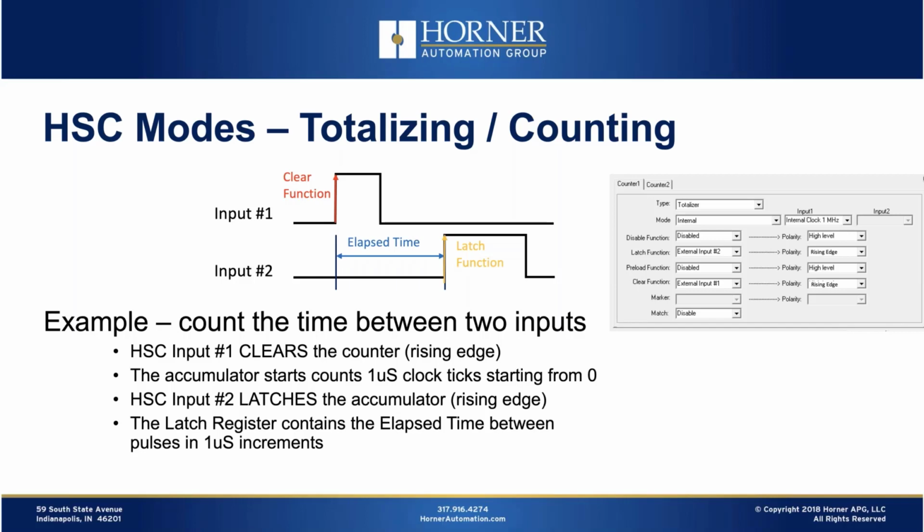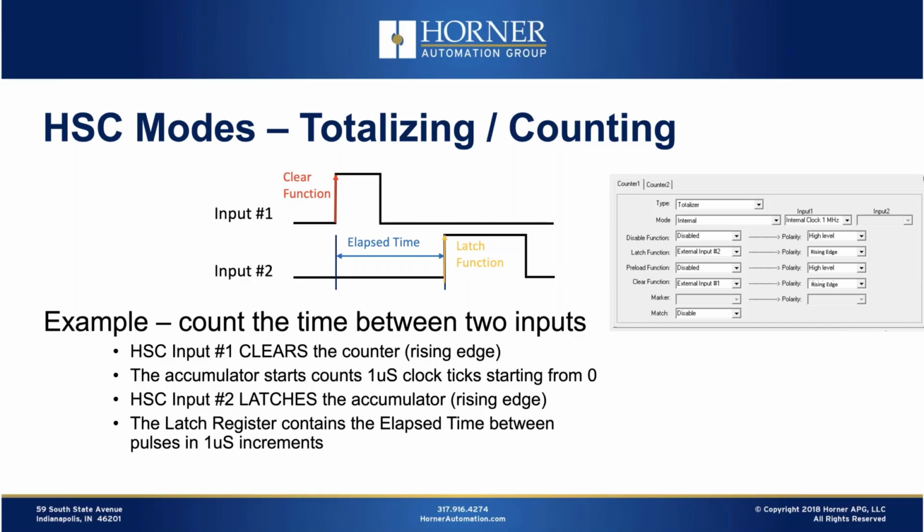What that means is that the accumulator will start from 0 after the clear is complete, and it will start counting 1 microsecond clock ticks, and those will just keep accumulating in the accumulator. That will continue to occur until the second input turns on, because the second input is configured as a latch and also as a rising edge.